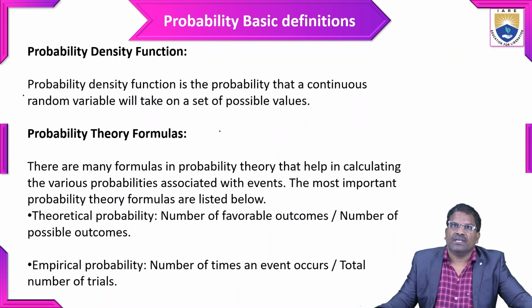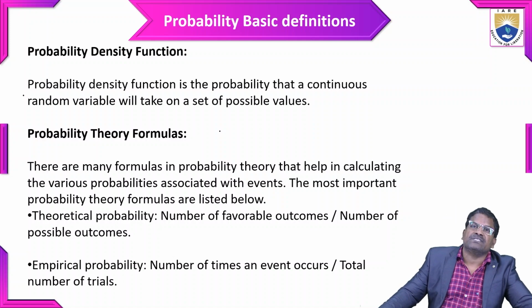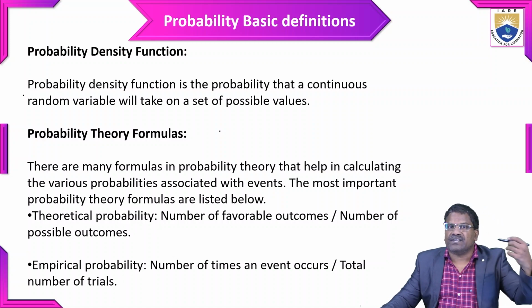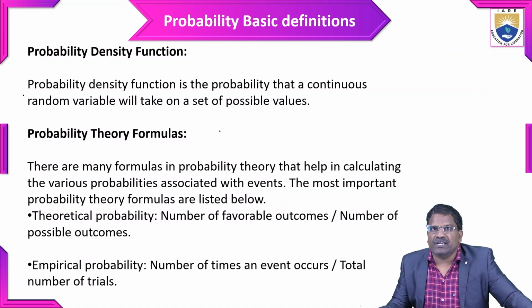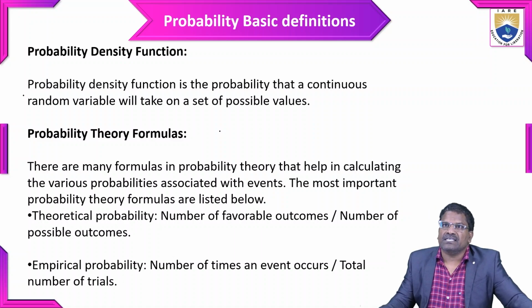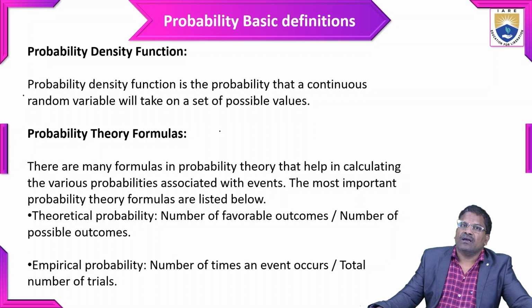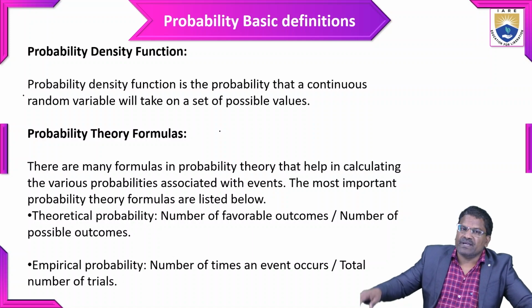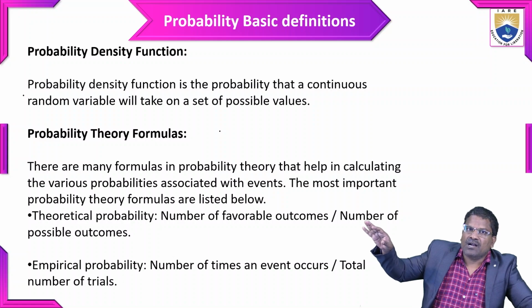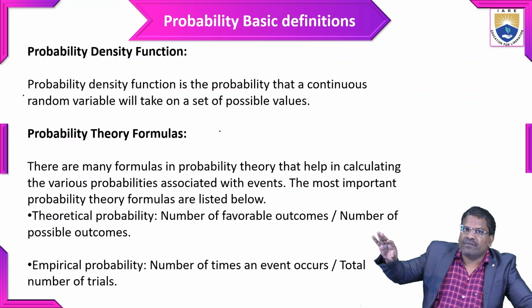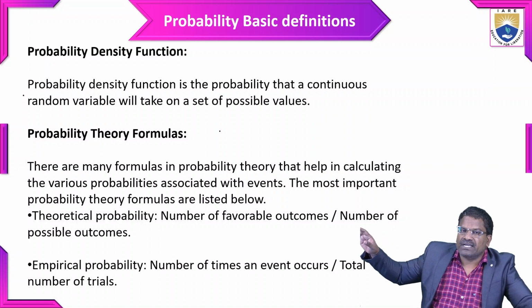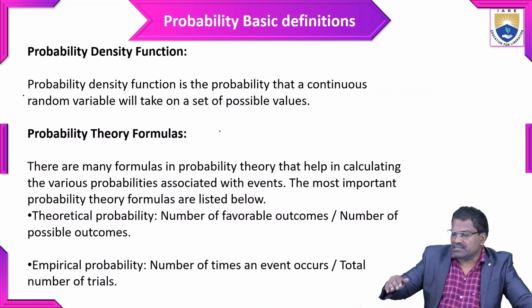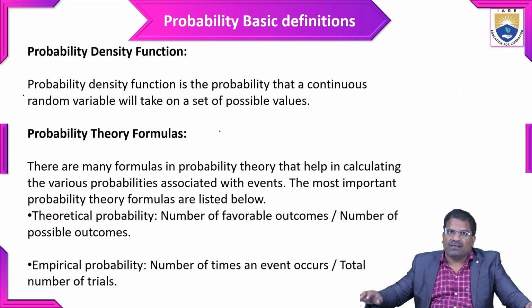Now let us see probability density function. It is for continuous random variables. Probability density function is the probability function that a continuous random variable will take on a set of possible values. For example, height. For a person it may range from 5.5 to 6.5, like 5.5, 5.6, 5.7, 5.8, like that. It maintains some range, some interval.